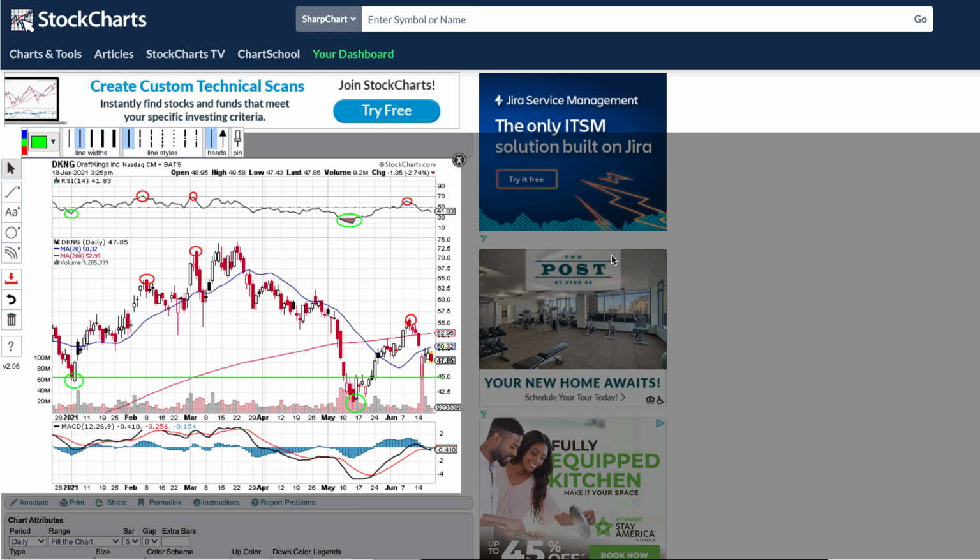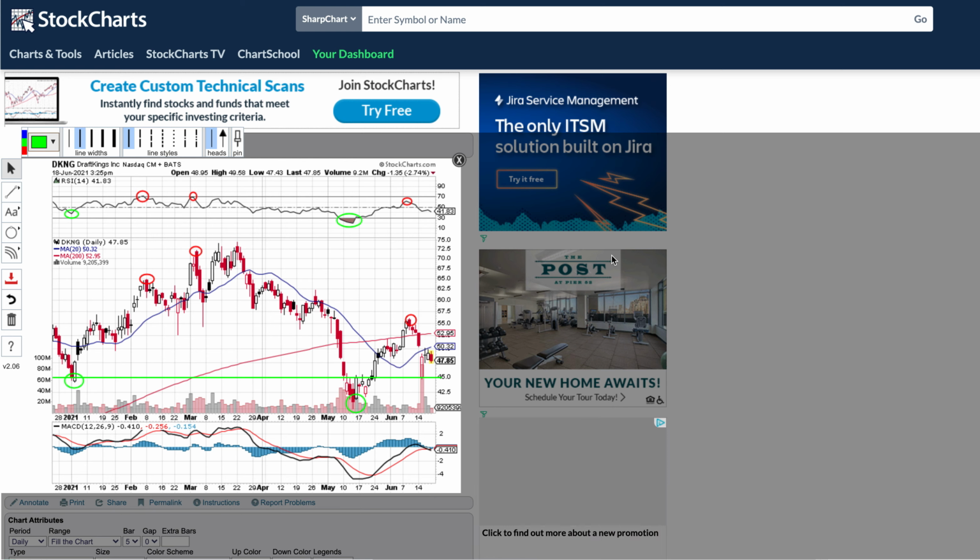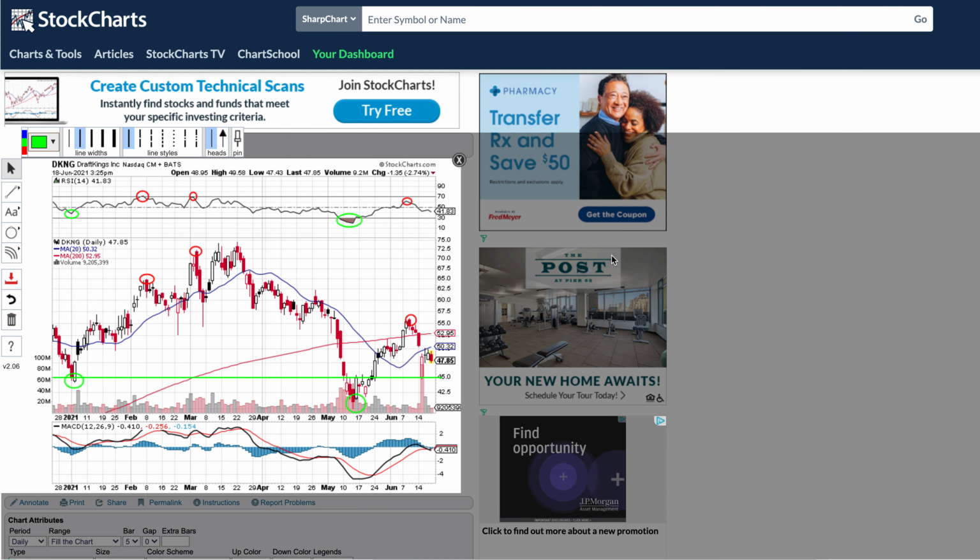I plan on making videos about each specific component, or at least common components, like what indicators there are and what support levels are, etc. So you guys are going to get your feet wet in this video, but stay tuned for more in-depth videos in the future.